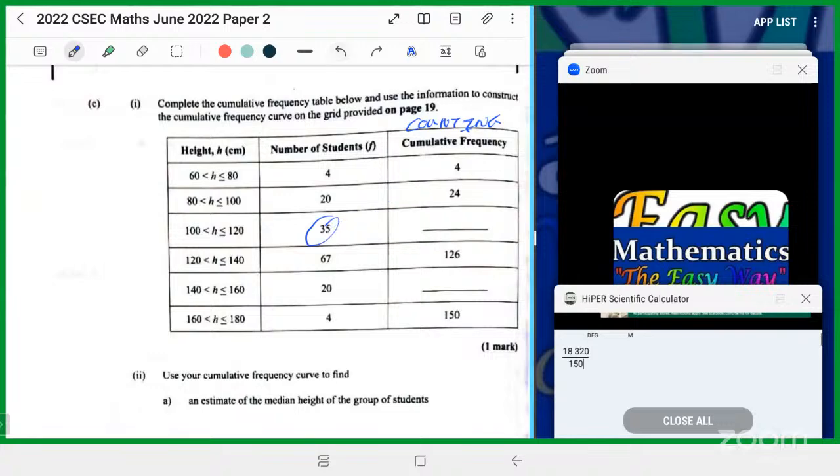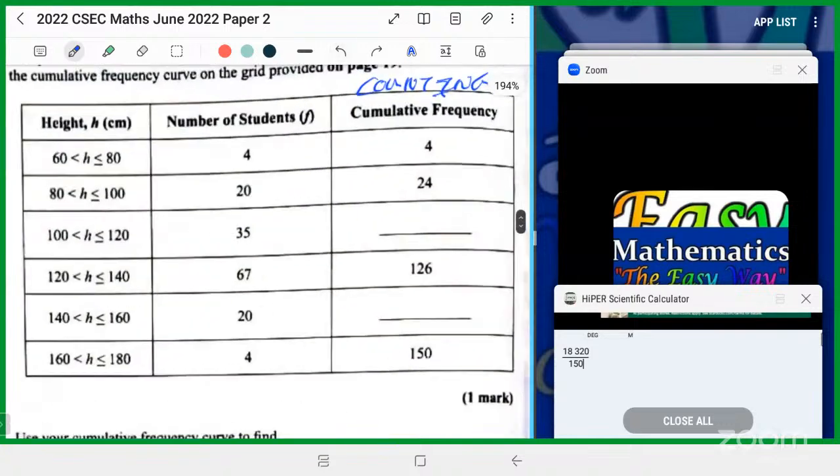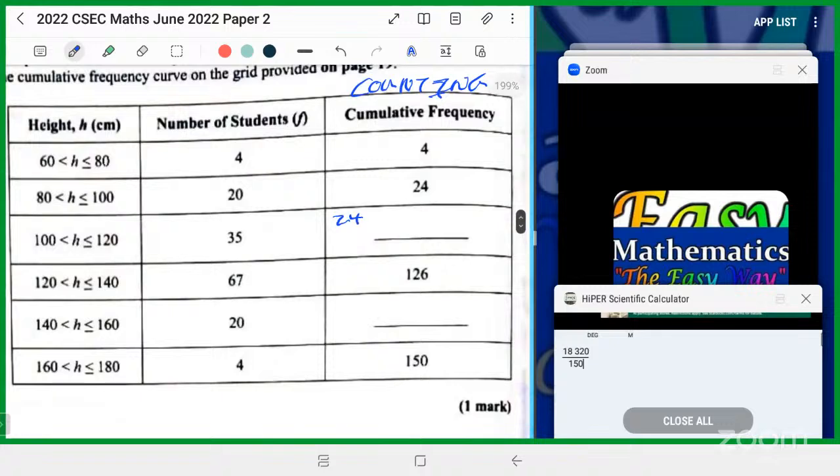To show the calculation, it is the 24 we have so far plus the 35 more that we're adding in this group, to get the total number of students up to this point, which works out to be 59. And if we check it, the 59 plus the 67 gives us 126.